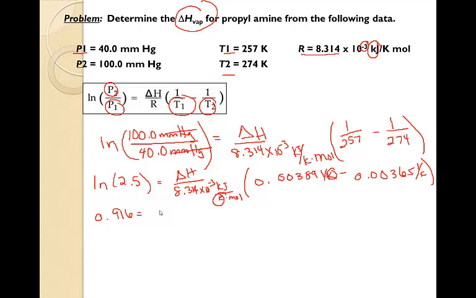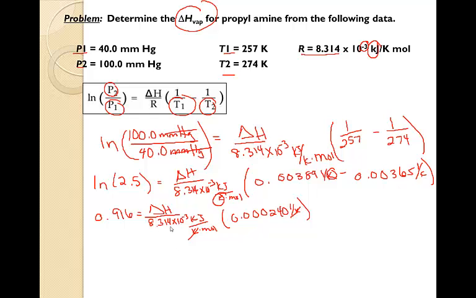Delta H is still what we're looking for. 0.00389 minus 0.00365 is 0.00024, 1 over Kelvin. Those Kelvins now cancel out when we divide these two.